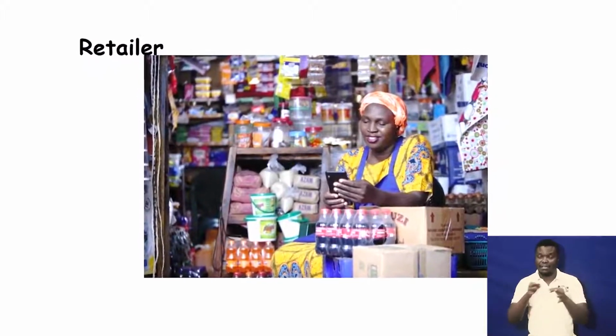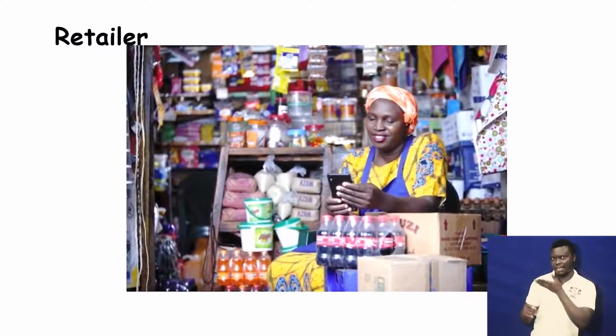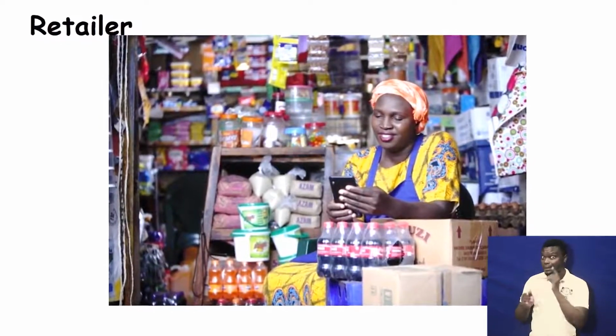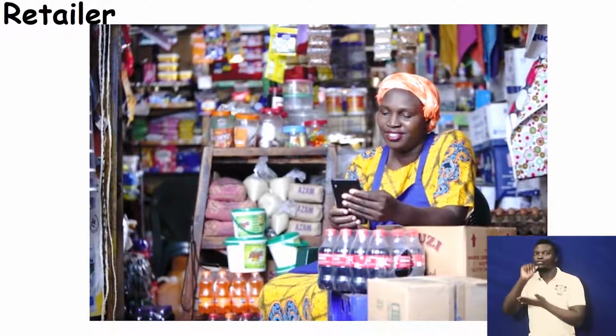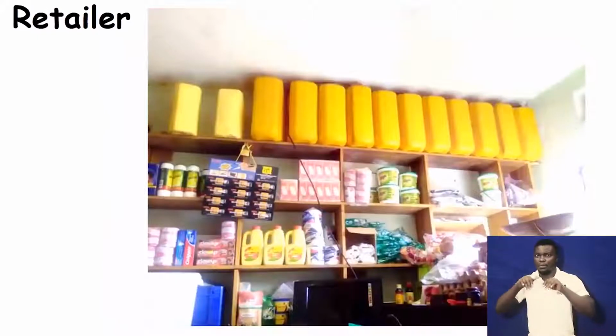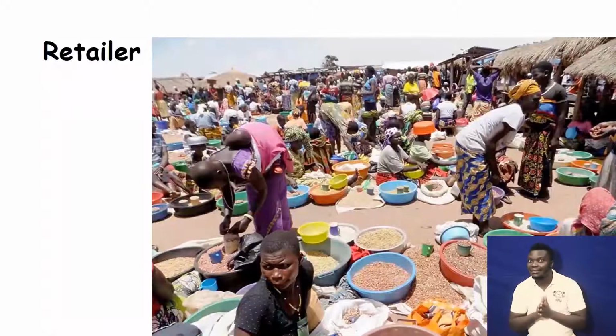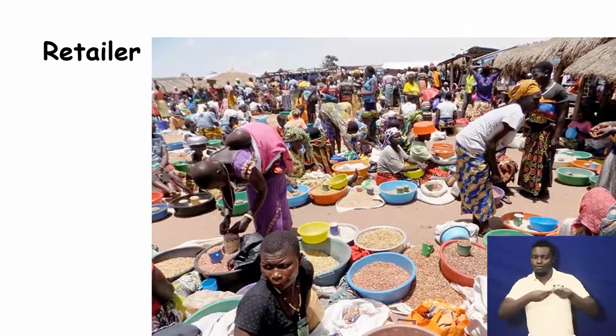When you look at that picture or when you look at the video in front of you, you'll see that this lady has soda, has baking flour, has soap, has milk, and so many other items. But also, this is another retailing shop.